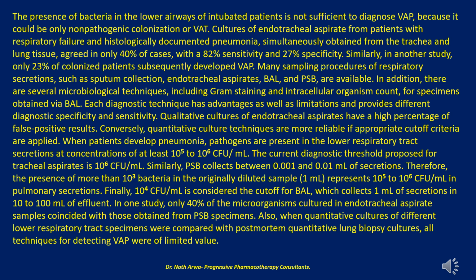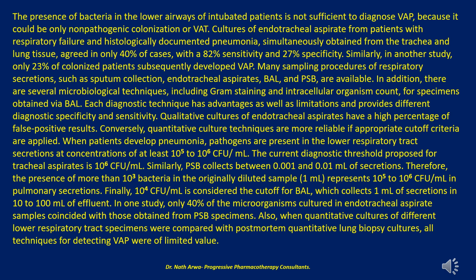When patients develop pneumonia, pathogens are present in the lower respiratory tract secretions at concentrations of at least 10^5 to 10^6 colony-forming units per milliliter. The current diagnostic threshold proposed for tracheal aspirates is 10^6 colony-forming units per milliliter. Similarly, PSB collects between 0.001 and 0.01 milliliter of secretions.